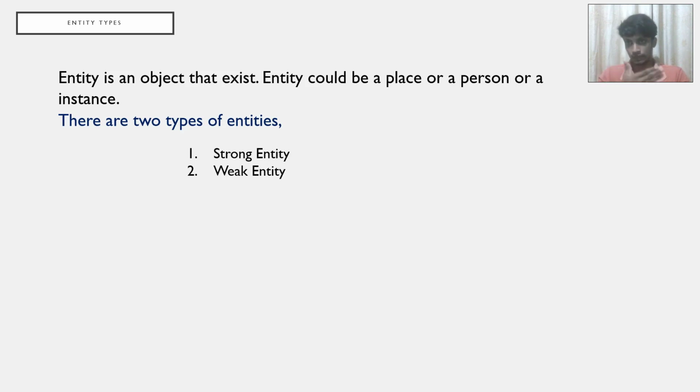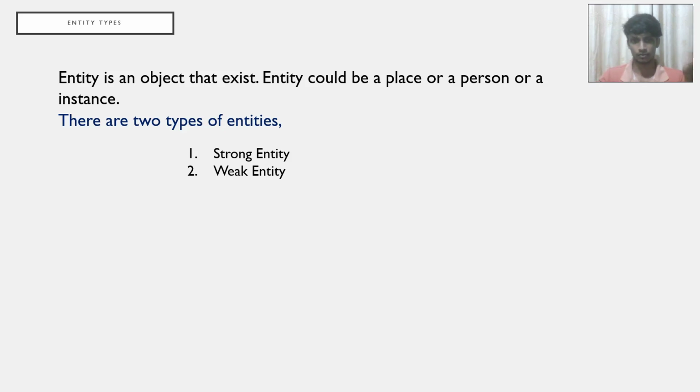If you followed the first video, the database core concepts, I taught in detail what entity means. So an entity means a place, person, or instance. In entities there could be two types of variations. The first type is the strong entity. The second type is the weak entity.